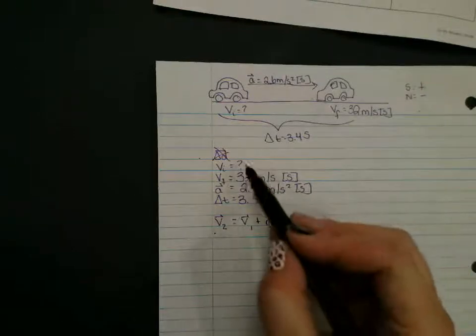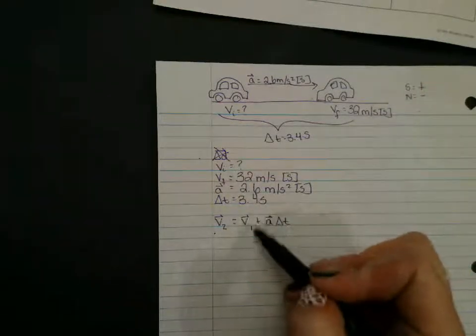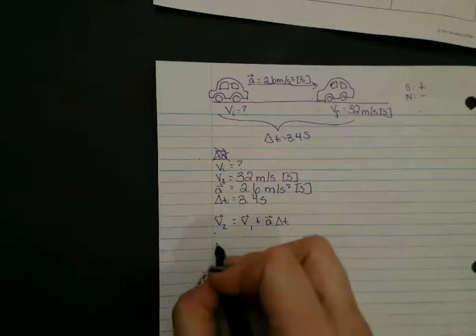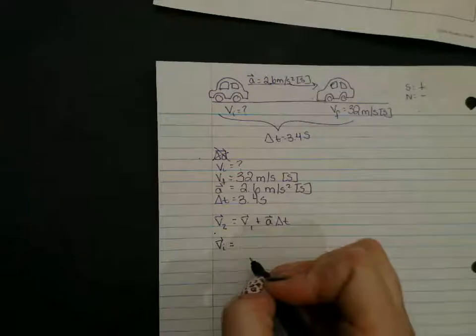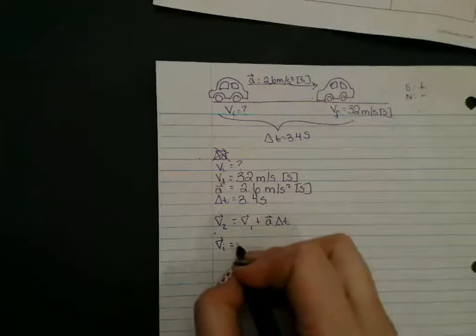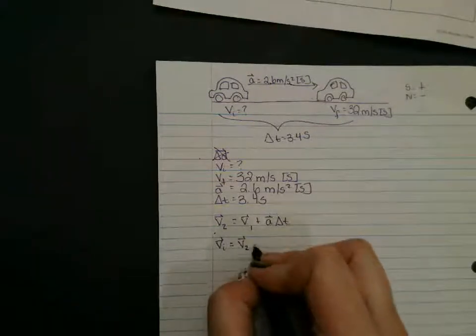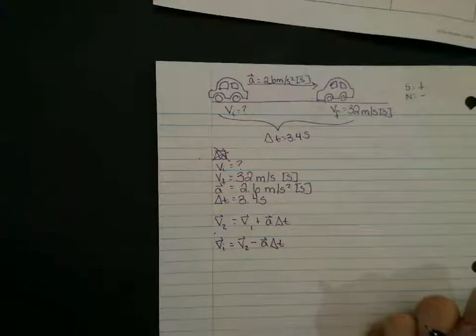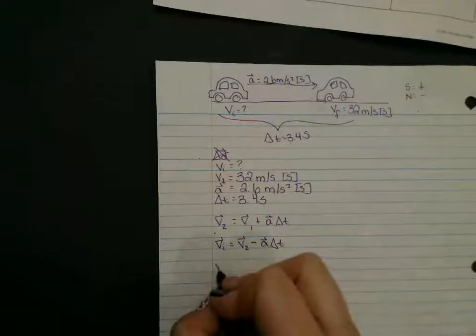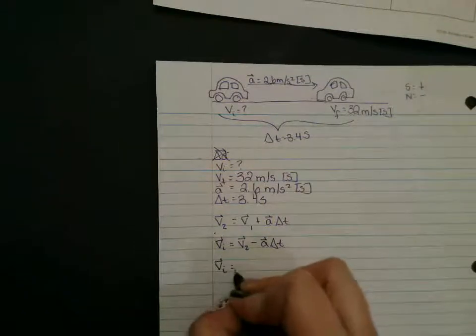And in this problem, I'm looking for initial velocity, so I'm going to rearrange to isolate initial velocity. I get my initial velocity is equal to my final velocity minus acceleration times change in time. All I have to do is plug it in.